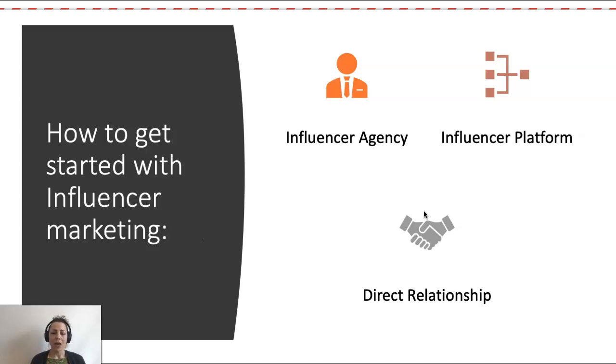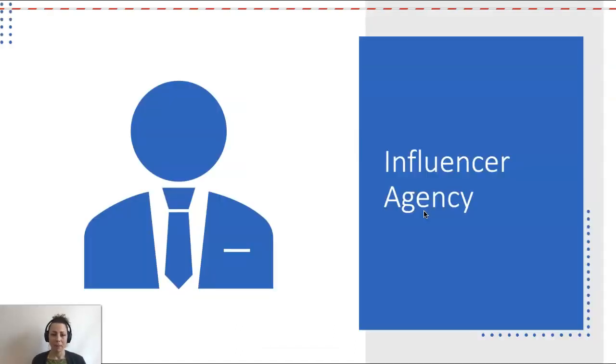And the third way is to develop a direct relationship. So brands work directly with influencers. They find the influencer, they draw up the agreement directly, and they manage the relationship without a third party. So those are the 3 broad ways that a brand or an organization can work with an influencer. So let's have a deeper look at each.